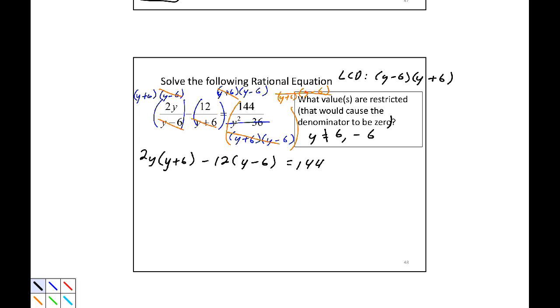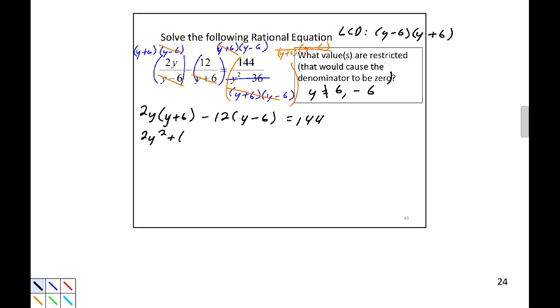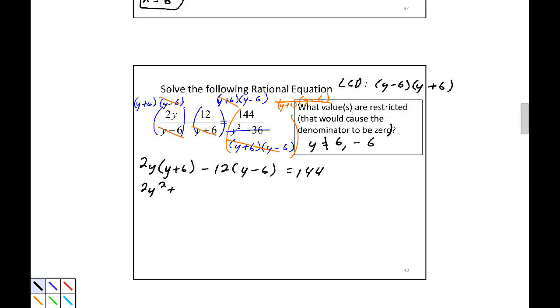Now, distributing, we get 2y squared plus 12y minus 12y plus 6 times 12 is 72, equals 144.